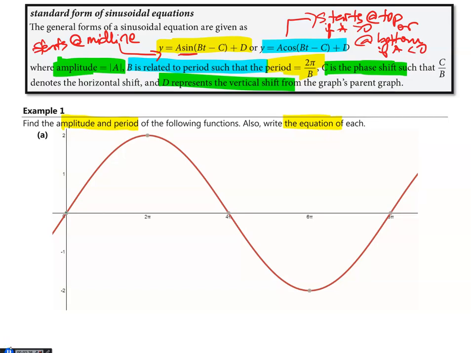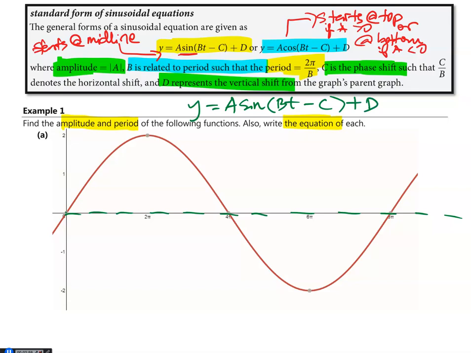Okay, so take a look at letter A. It starts at midline here. So this is the midline. So definitely we're going to use sine. So we expect that it's going to be y is equal to a sine of b(t minus c) plus d.